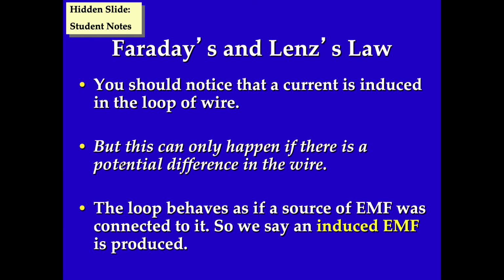So our loop behaves as if there's some source of EMF connected to it, even though there isn't. That's why we call it an induced EMF. And if the magnetic field changes, then you have an induced current, along with the induced EMF.